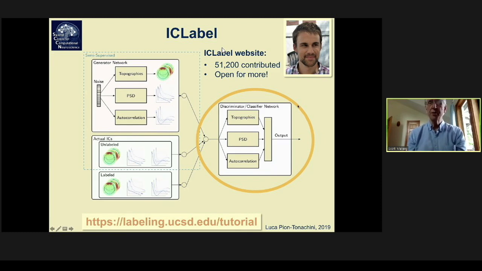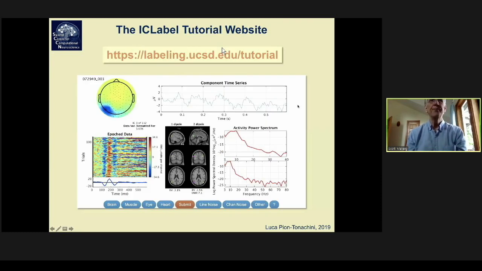So when you go to the labeling website, I would urge you to start with the tutorial, go right here, because there's a tutorial on how one learns to classify ICs based on all these properties. So he's computed all these properties and made pictures of them for 100,000 components.